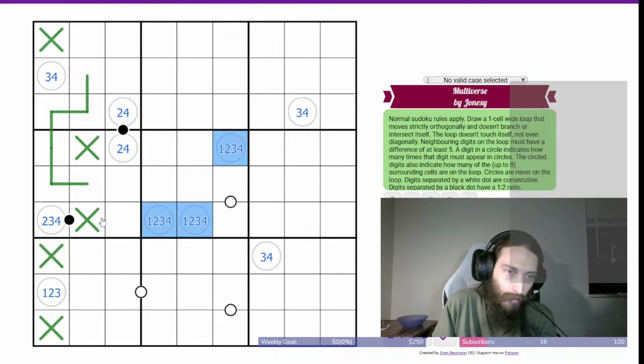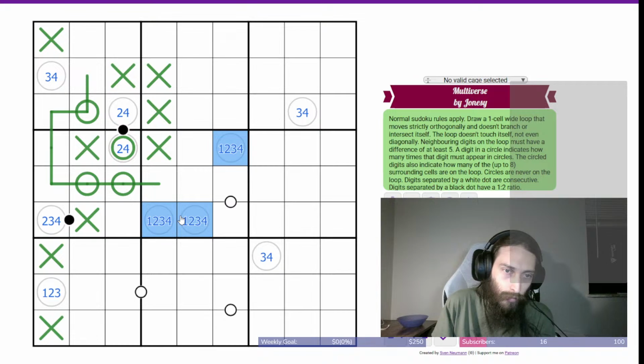If I say it doesn't go this way, then it has to go there. And now that one's the 4. Because it's got 1, 2, 3 neighbors. And then we'd block out all of that. So then it would have to continue this way.